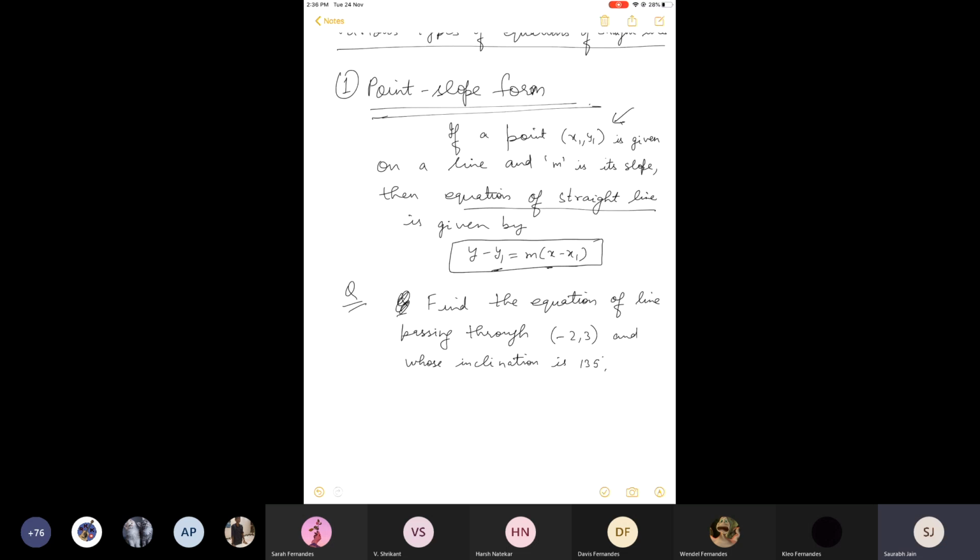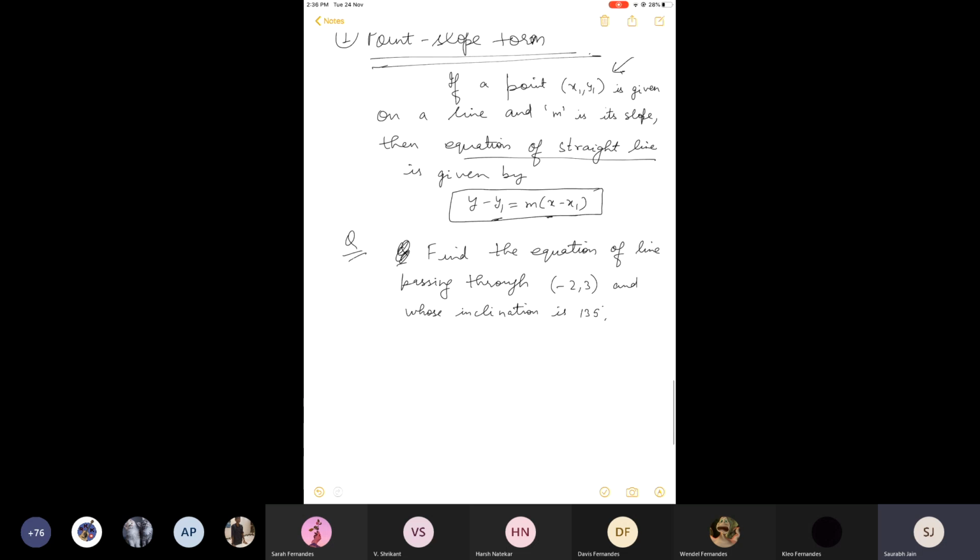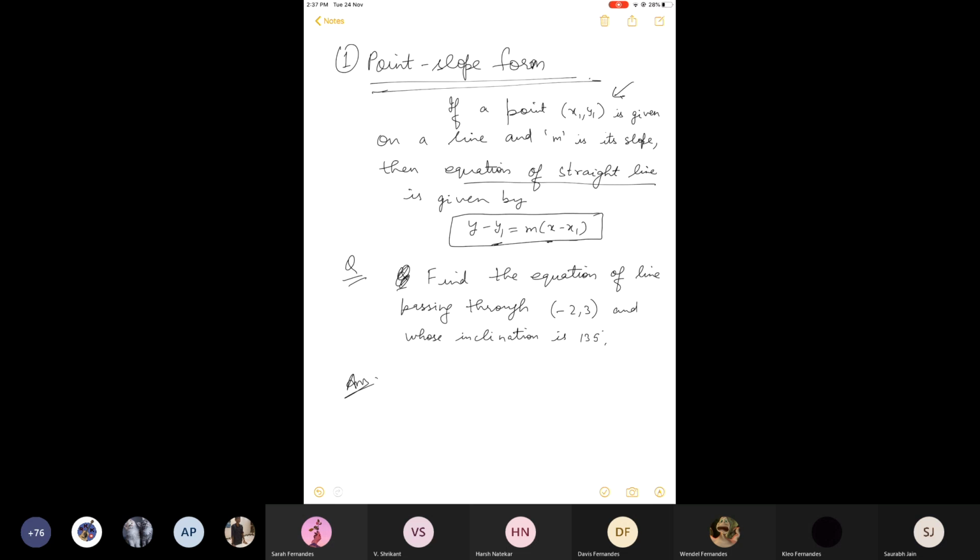So the point is given directly. Okay, a fixed point on this line is given directly. It is minus 2 comma 3. We just need to write the slope of the line. Who will tell me what is the slope of this line? Yes, anyone?